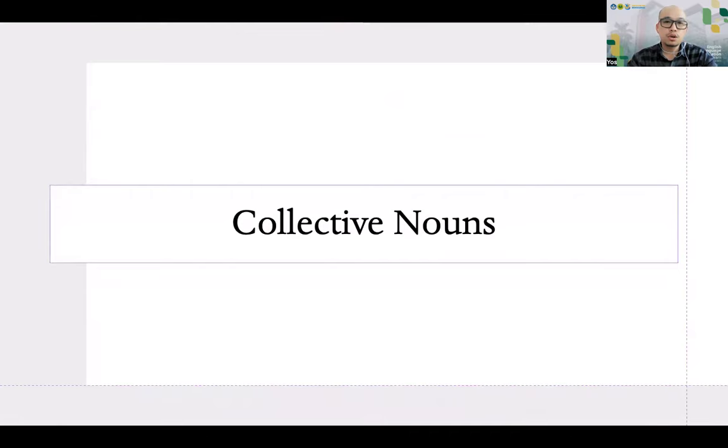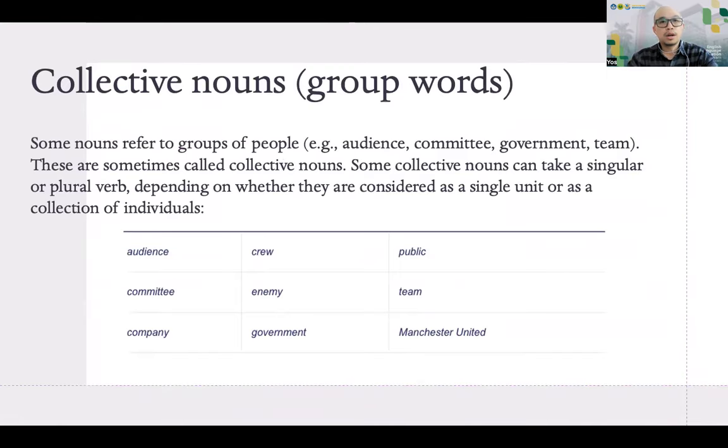Now, let's talk about collective nouns. Collective nouns or group words are nouns that refer to groups of people, like audience, committee, government, team.